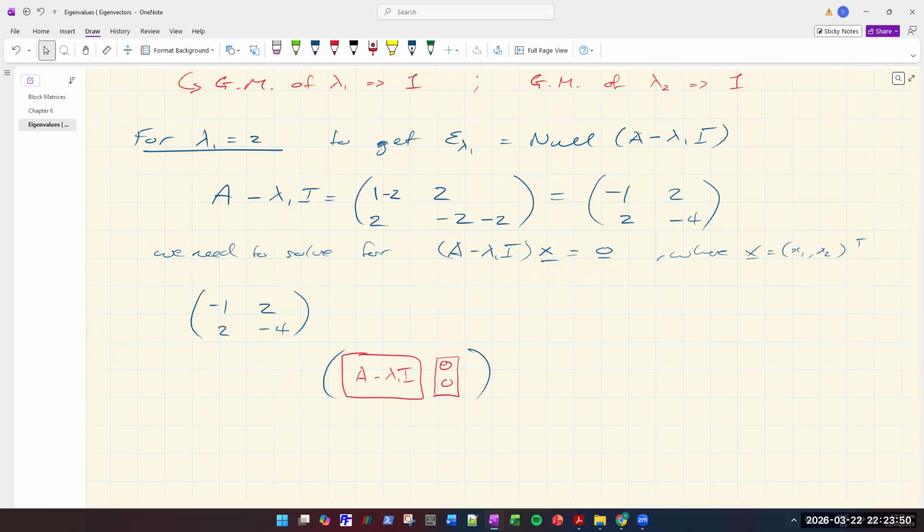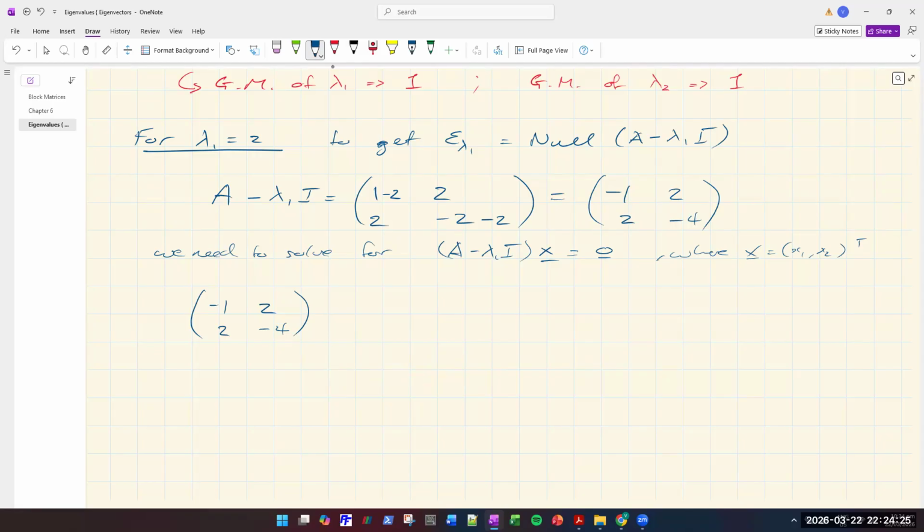And this is the matrix that we should row reduce to reduced form. But remember, when we perform elementary row operations on this column of zeros, nothing happens. It just remains as a column of zeros. So instead of augmenting this matrix with a column of zeros, let's just work with that matrix. Usually folks don't even bother adding on that zero column. They just work with this matrix as is.